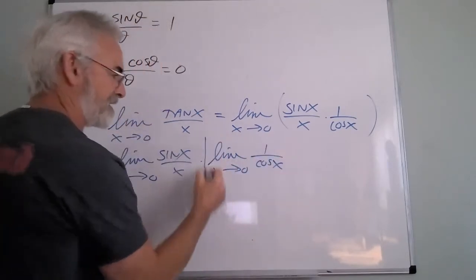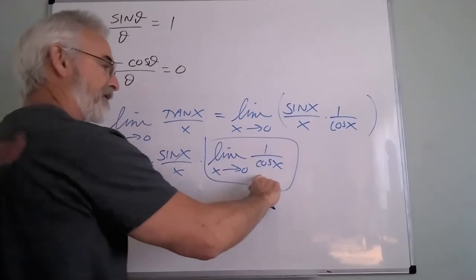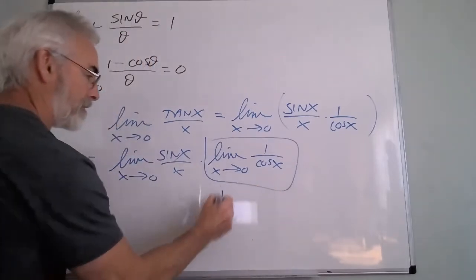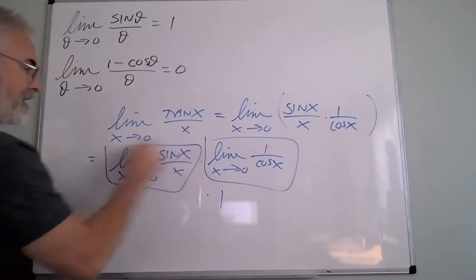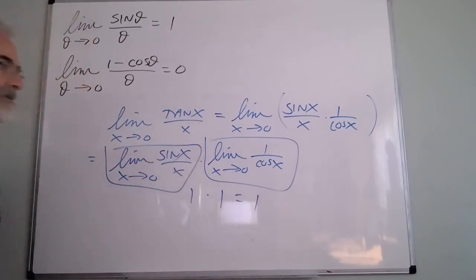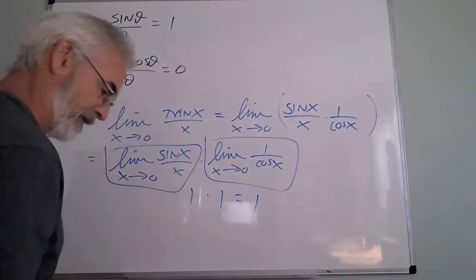And this one, this is easy. As x approaches 0, this approaches 1 over cosine of 0, which is just 1. This we treat as an identity. This is just 1. So that limit is 1. Cool. Okay, so I can take something a little different and manipulate it.